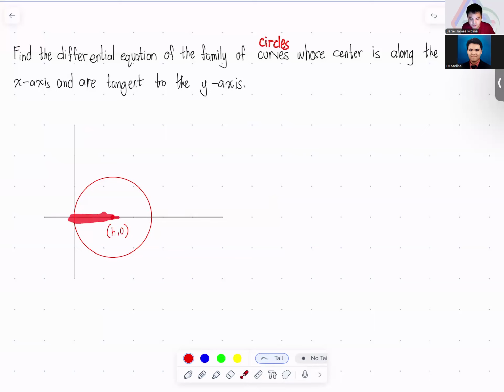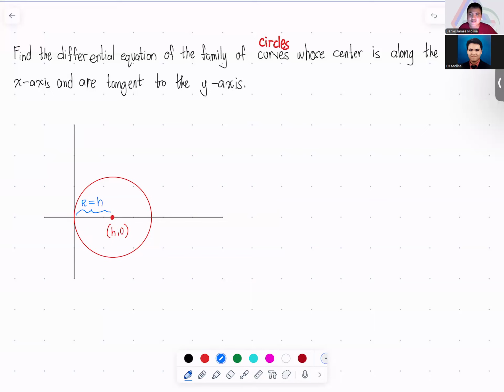And this radius can be expressed in terms of the x-coordinate of the center, because this distance right here is equal to the x-coordinate of the center, which is h.